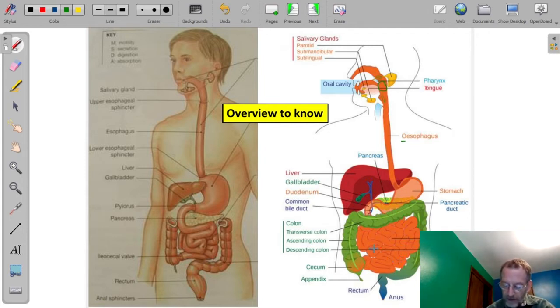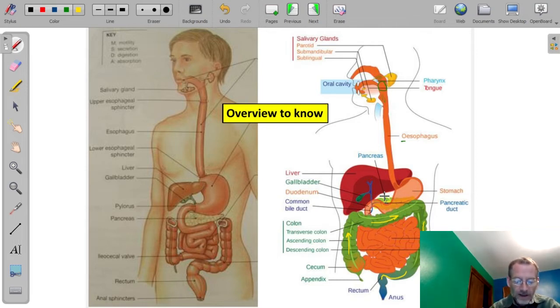That then drains into the large intestine, and there are 3 sections of it. There's an ascending colon, a transverse colon, a descending colon, and then a sigmoid colon, which is just sort of S-shaped. And we'll take a look at those. Cecum, appendix, pancreas. So that's an overview.